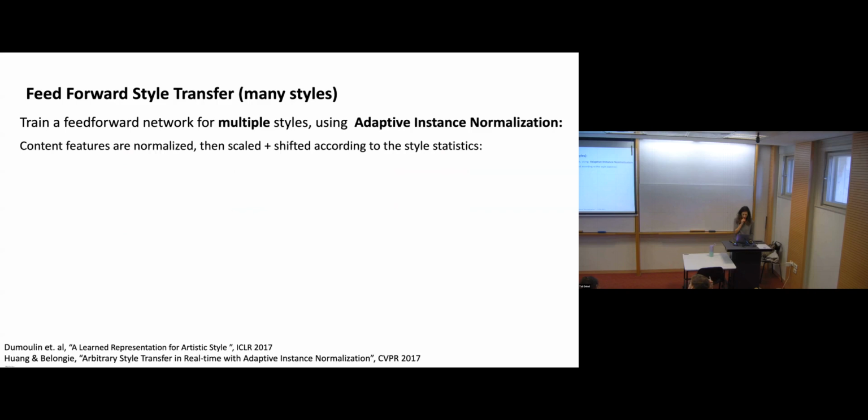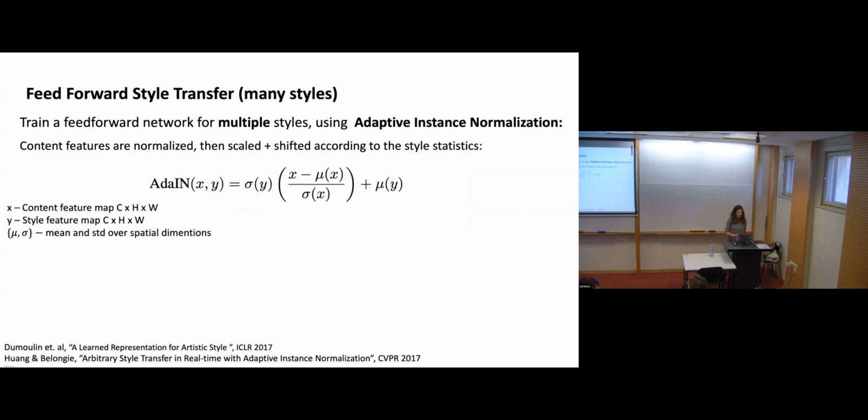The main observation is that we can not only remove the contrast of the input image, we can actually apply the contrast of the stylized image for free using this AdaIN operation.